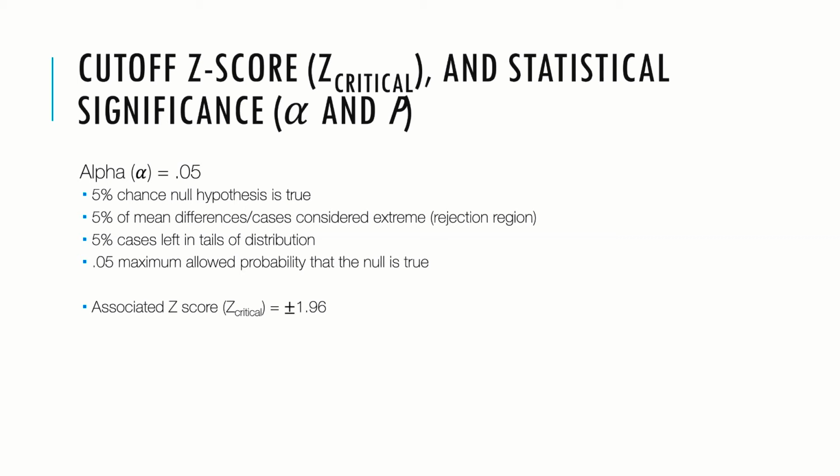I said that this is already an established alpha level, 0.05. We want to find the z-score associated with an alpha level of 0.05, and that z-score is 1.96. So everything we're going to be calculating is going to be compared to a z-score critical of 1.96. So if we get something greater than an absolute value of 1.96, then we've passed that finish line. We're in that region.